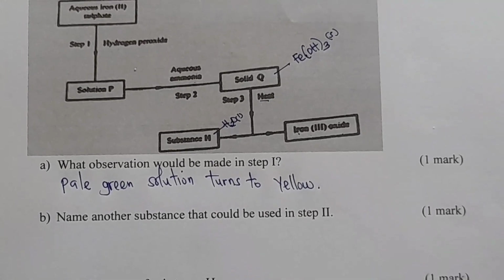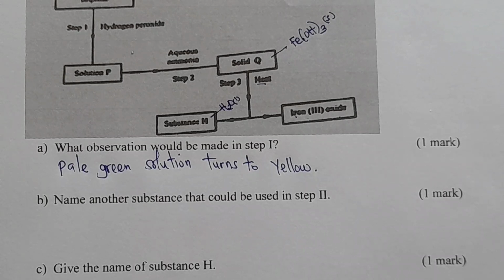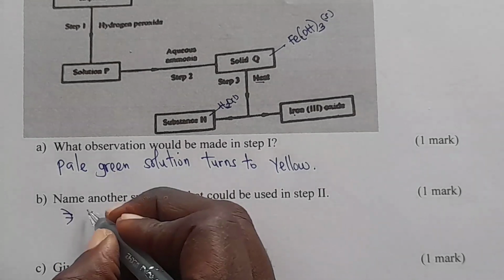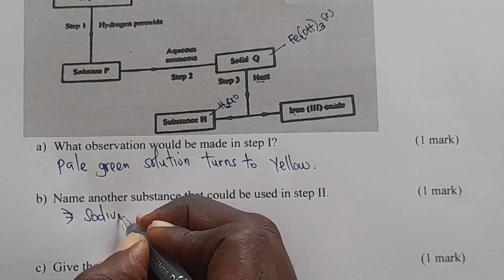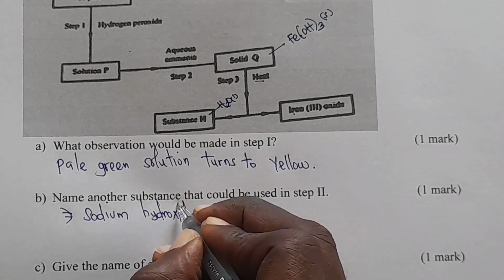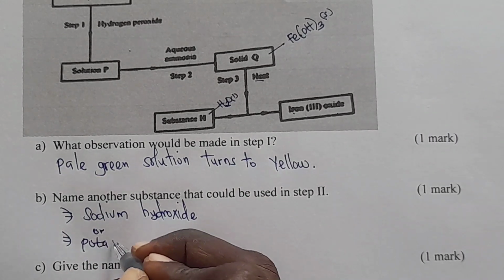But B, we are told to name another substance that could be used in step 2. In step 2, they added aqueous ammonia. So instead, we can use another substance like sodium hydroxide. If you don't want to use sodium hydroxide, you can as well use potassium hydroxide.